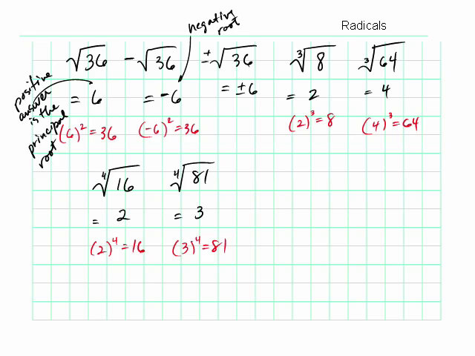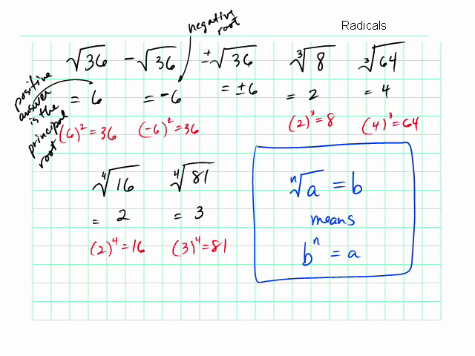Okay, in general, what we have is this. The nth root of a equals b means if I take b and I raise it to the nth power, I get back a. That's what we've been doing. By the way, the little number in there is called the index.